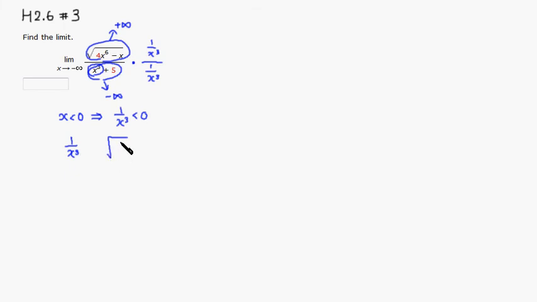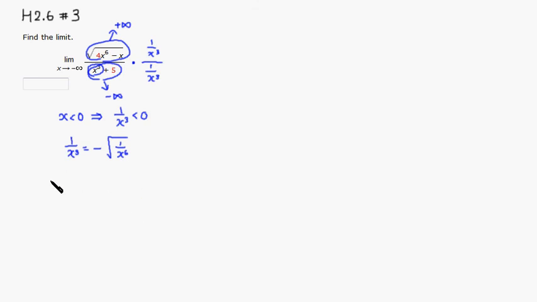So you're going to have 1 over x to the 6th power. The problem is that by squaring it, you're losing the negative sign. So this quantity is negative, and to make sure they are the same, this has to equal negative square root of 1 over x to the 6th.